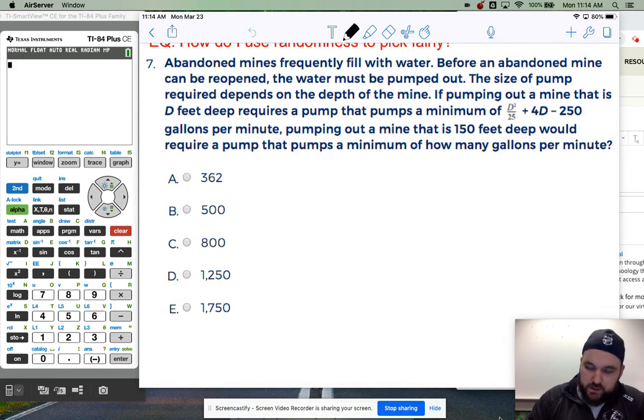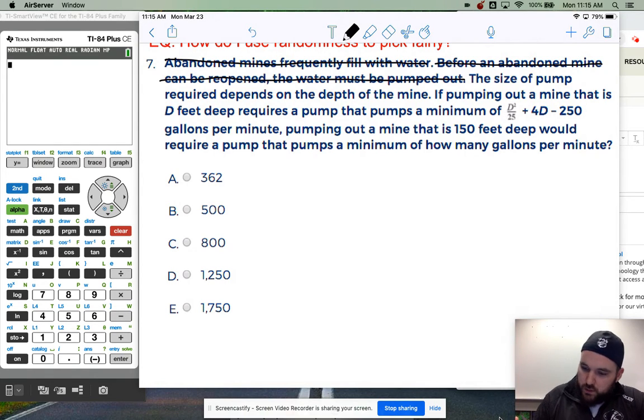So, as you may know, there's a lot of unnecessary information when it comes to standardized multiple choice tests. This has got 6 lines of text, and there's no way everything's important. First sentence: abandoned mines frequently fill with water. The second sentence: before an abandoned mine can be reopened, the water must be pumped out.